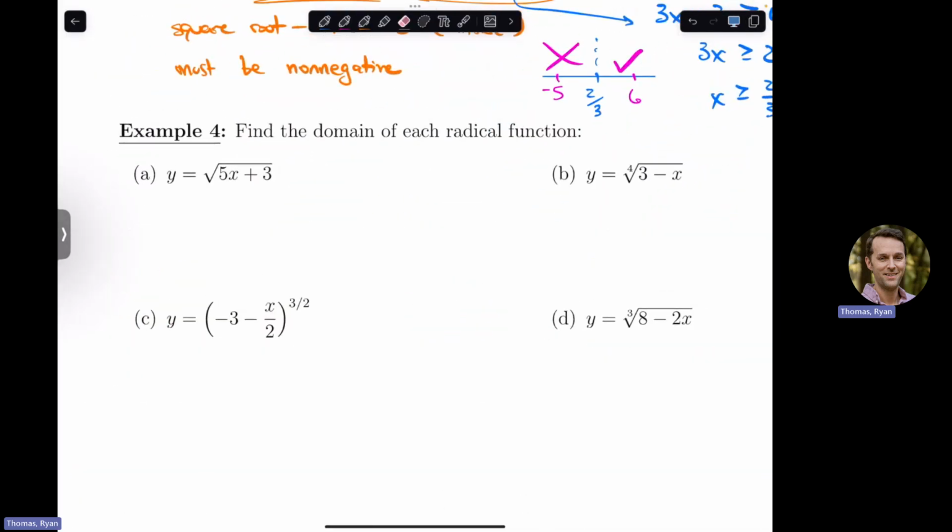Okay, so here's some functions. We need to find the domain of each. Be sure to pay attention to what kind of root it is. Think about what that means, and then figure out the domain. And this one, 3/2 power. Remember that is a radical still. We just have to think about what kind and how to rewrite it.